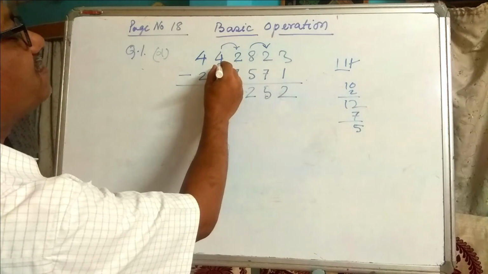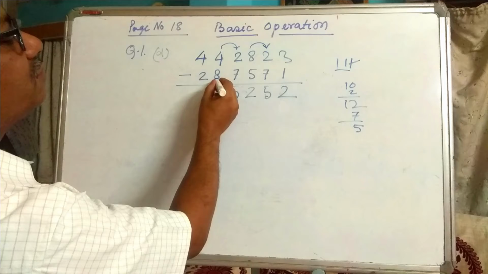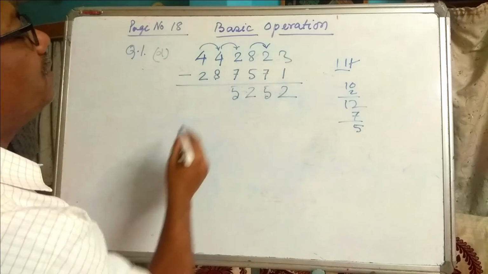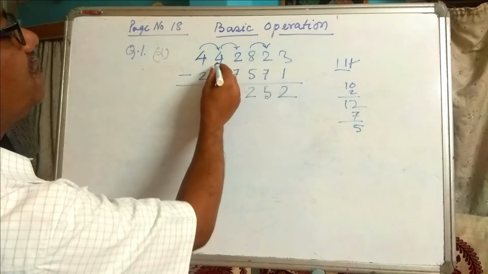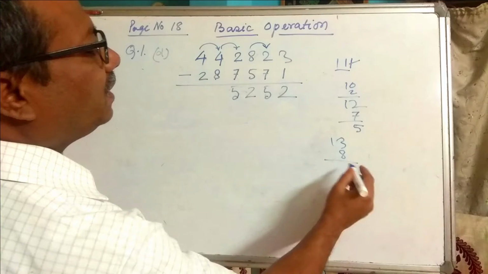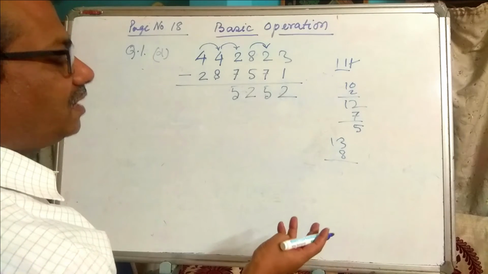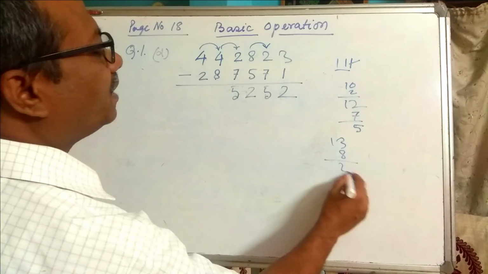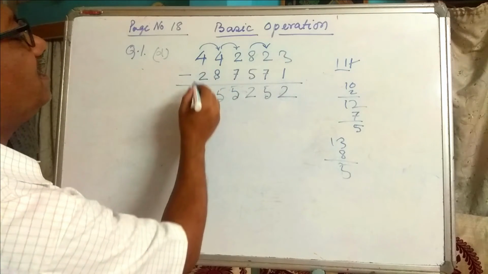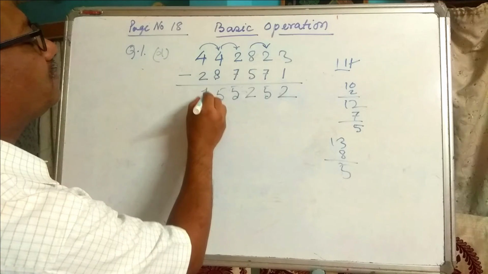Then here 3 remains. 3 minus 8 is not possible, so we will borrow 10 again. It was 3, so 13 minus 8 is 5. Here how much remains? 3. 3 minus 2 is equal to 1.